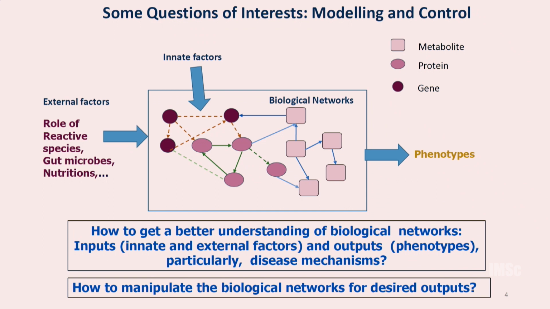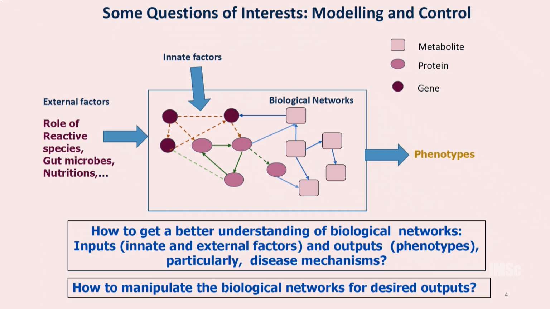Particularly in disease conditions, because in the case of disease, the biological system gets perturbed and gives a different kind of output. And it does not happen in a simple manner, because typically biological systems are considered to be robust systems. So how it happens, we wanted to understand.